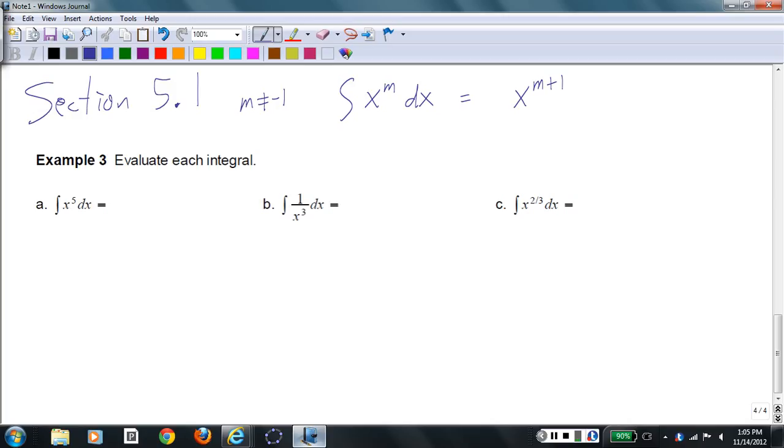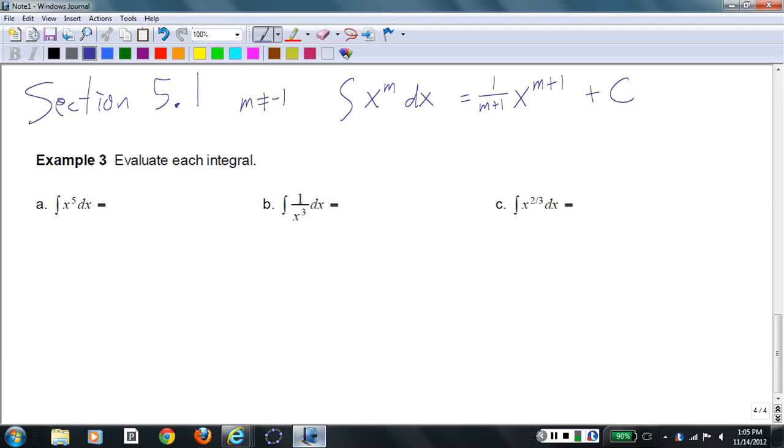The opposite of multiplying by the exponent is dividing by the exponent. And of course, we need a constant of integration. If we find an expression whose derivative is equal to the original, then adding any constant is also going to have a derivative equal to the original. So we must have the constant of integration. Basically, this represents the set of all expressions whose derivatives are equal to the integrand x to the n.